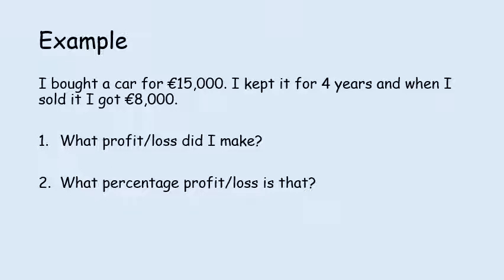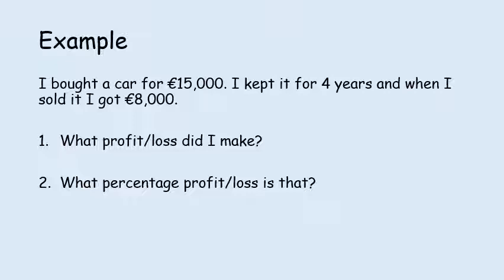Okay, so as you may know, when you buy a car, it loses value the older it gets, and that's called depreciation. And we might have a look at that later in the chapter. Imagine I bought a car for €15,000 and 4 years later I sell it for €8,000. What profit or loss did I make? So obviously in this case I've lost money. Okay, I gave €15,000, I only got €8,000 back, so I've made a loss.